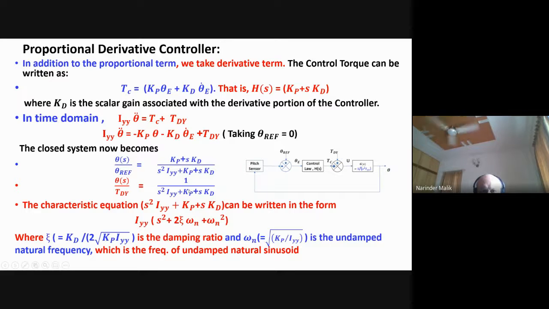Kp by Iy is omega n square, and 2 zeta omega n becomes Kd by Iy. When you look at this in detail, you will be able to appreciate it. Now let us see.